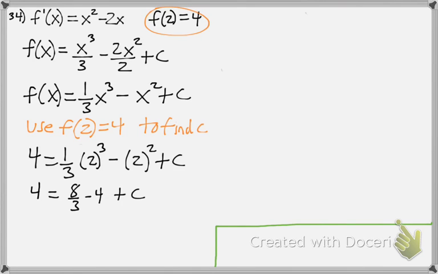If you add 4 to both sides, we get 8 is equal to 8/3 plus c. And then if you subtract 8/3, then you find that c is equal to 16/3. You don't need to do that many steps if you just want to use the calculator, but that is going to be my c value.